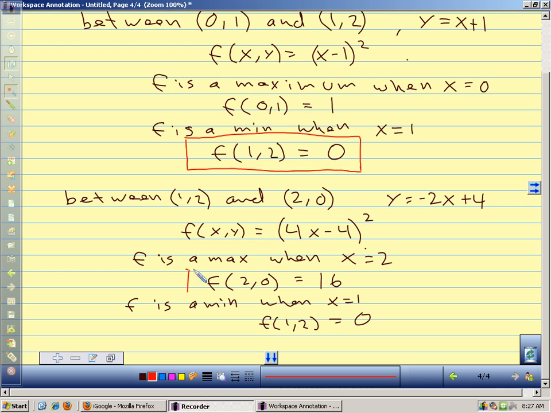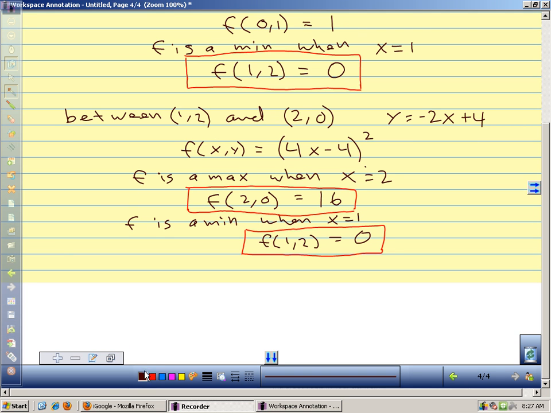So here we've decided that the minimum value that f takes on the region is 0, and that happens at a few places. And the maximum value of f is 16. So our absolute maximum and minimum, after all this work: the absolute maximum is at the point (2, 0), and f of (2, 0) is 16.